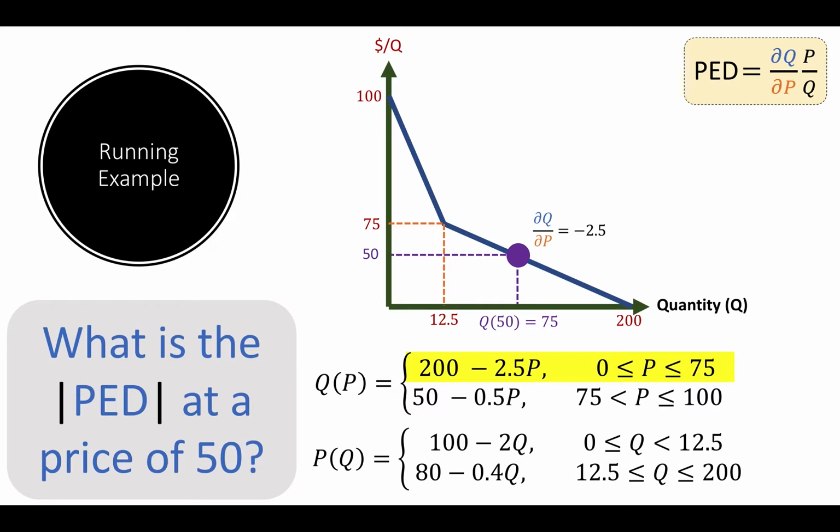Now notice there's a P that shows up in the derivative, so that would mean that I then have to plug in the price, which is 50. So right now it's just a static minus 2.5, but if it was minus 5P, I have to do minus 5 times 50, and that would give me a minus 250 for this slope. So just things to keep in mind that maybe you'll see in the Canvas exercise that'll follow this.